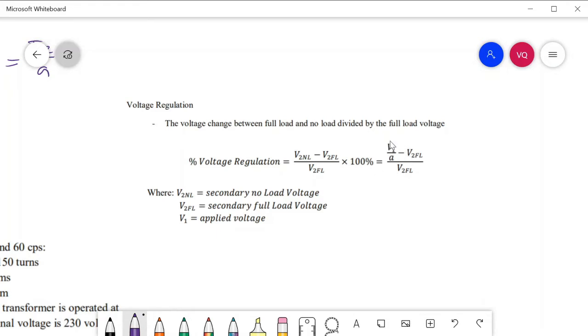Or the input voltage at primary divided by the transformation ratio A minus the output voltage at full load divided by output voltage at full load. So V2NL is the secondary no load voltage, V2 is the secondary full load voltage, and V1 is the applied voltage.